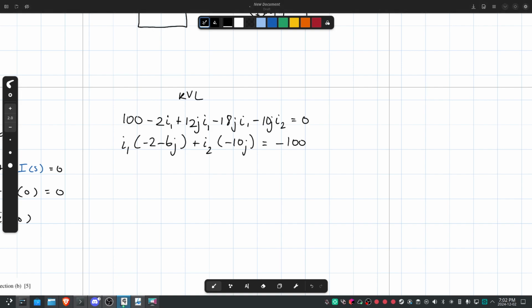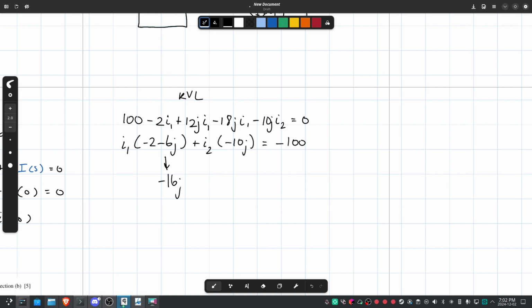Let me just verify that. What did I mess up here? Oh, no. When I was doing the work before this, I wrote this as negative 16J.